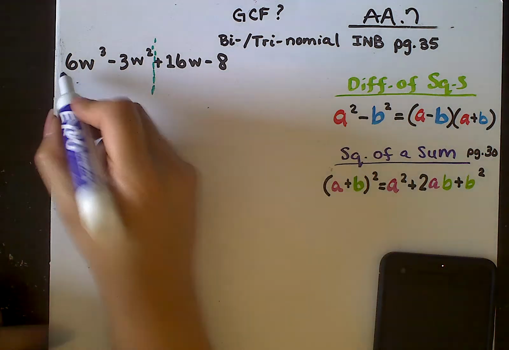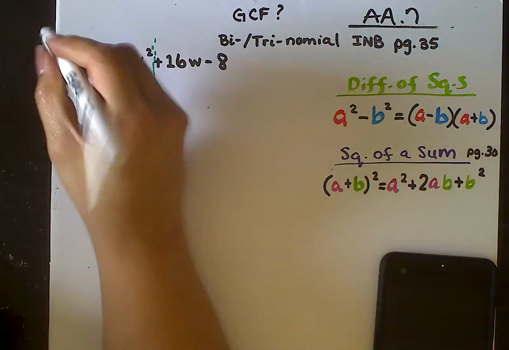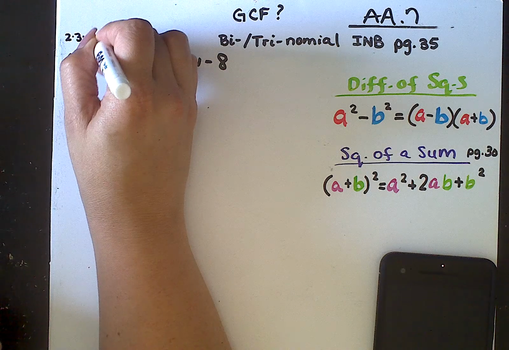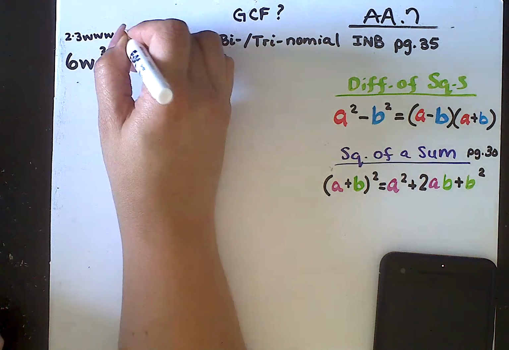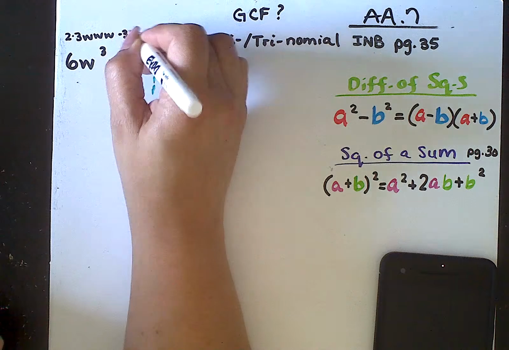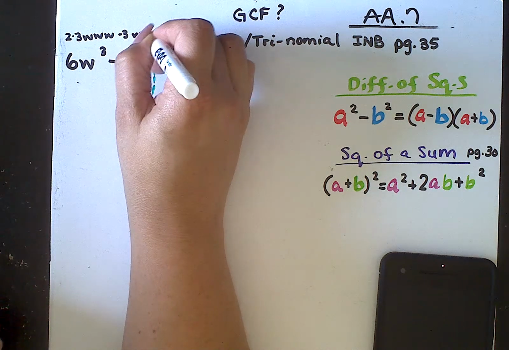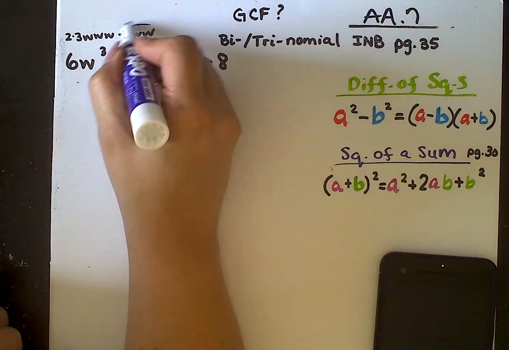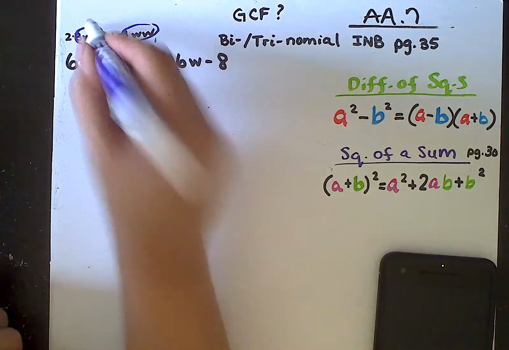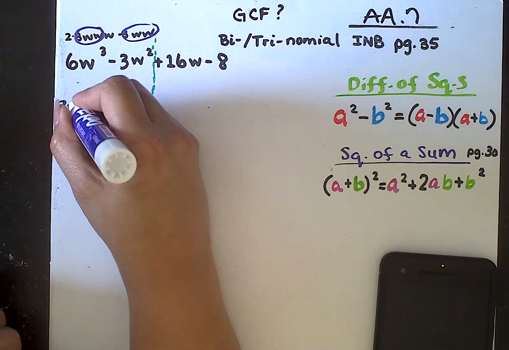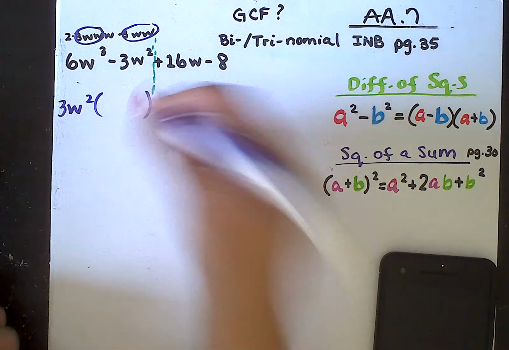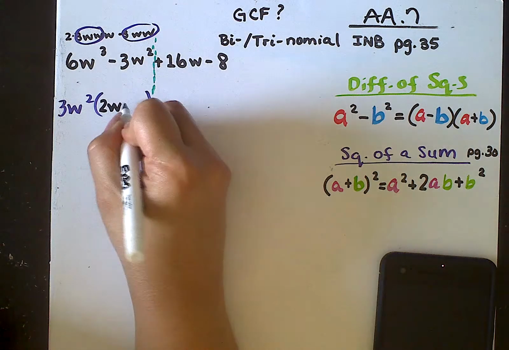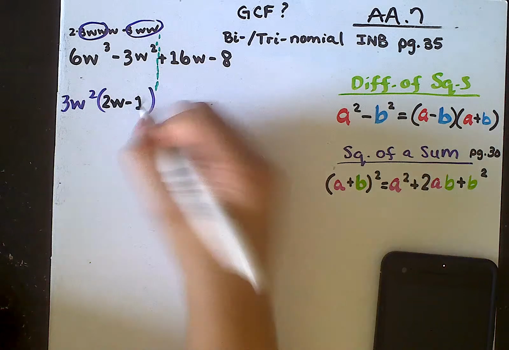Now here, if I were to break that up, that would be 2 times 3w, and this would be negative 3, w. So it's obvious I can pull out 3w squared, and then that leaves me with 2w, since everything is circled here, minus 1.